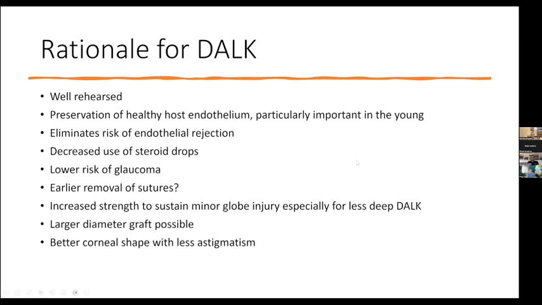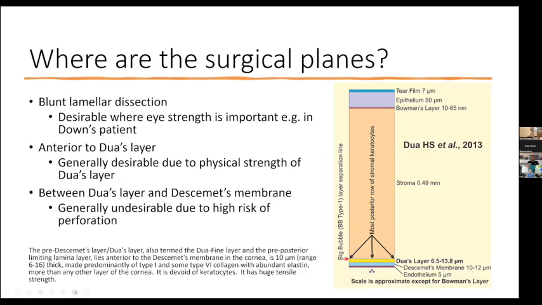So where are these surgical planes? Well, if we look at this paper from Harminder Dua 2013, we have the tear film, then we have the epithelium, about 50 microns. Bowman's layer is thicker, but diagrammatically only represented by a red line here. Then you have all these lamellae crisscrossing one another from limbus to limbus, and this gives the strength of the cornea.